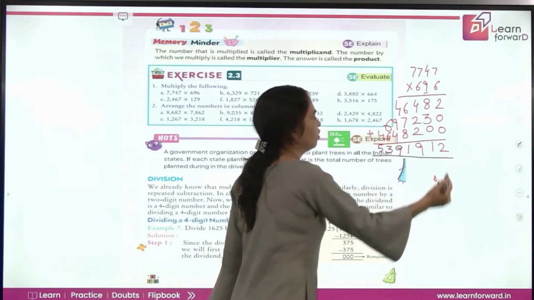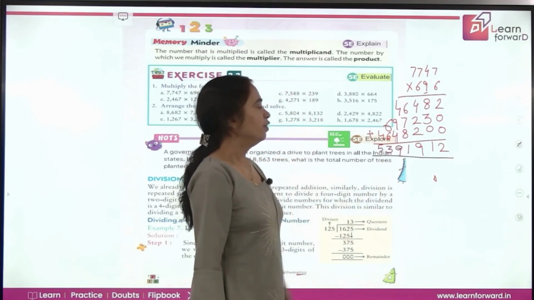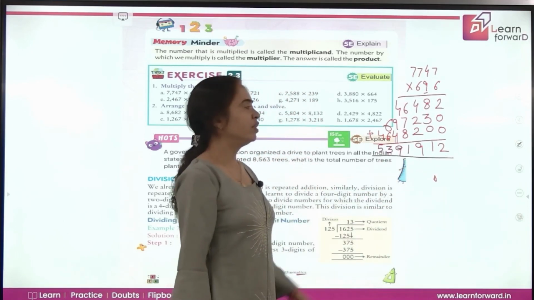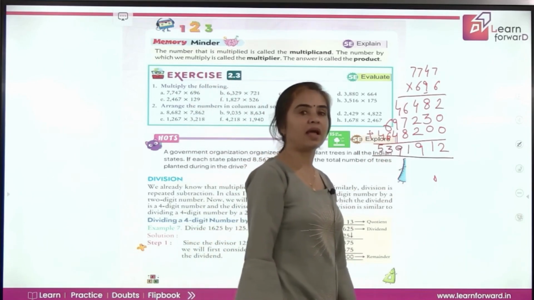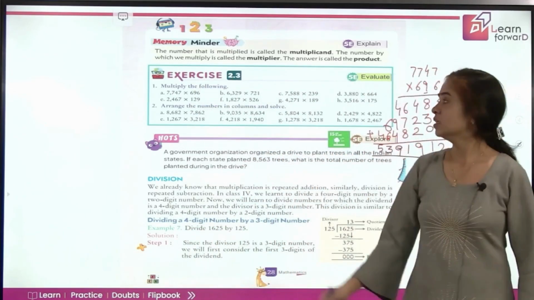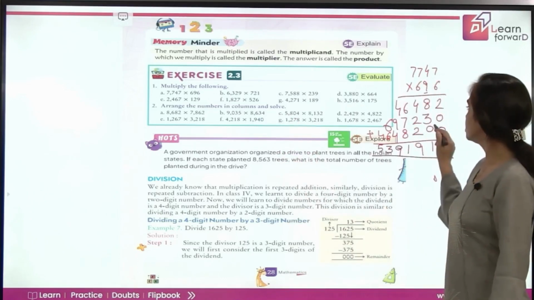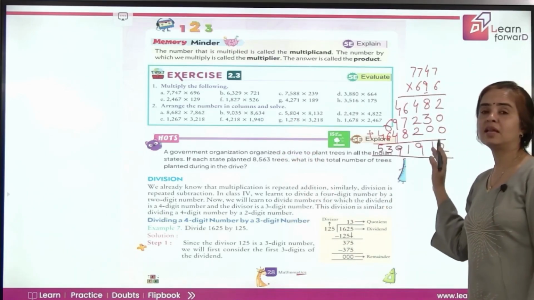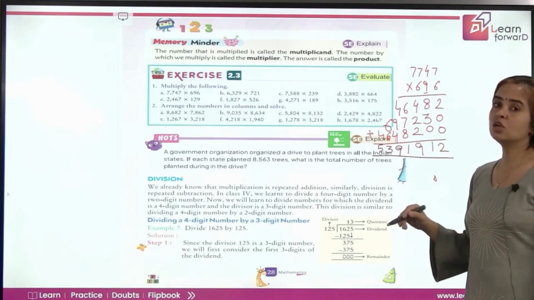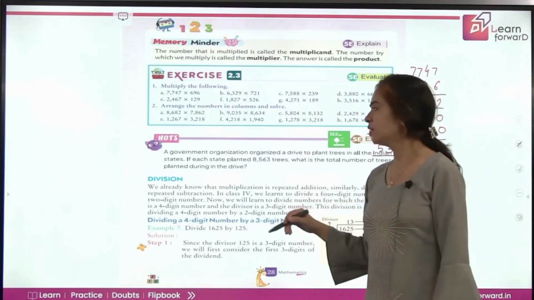So this is your final product. 53 lakh 91,912, right? Similarly, when you have to multiply by a 4-digit number, remember, you will be just increasing one more step, and in the last step, you will be adding 1 more zero before starting with multiplication.